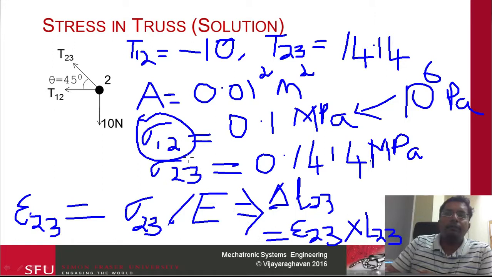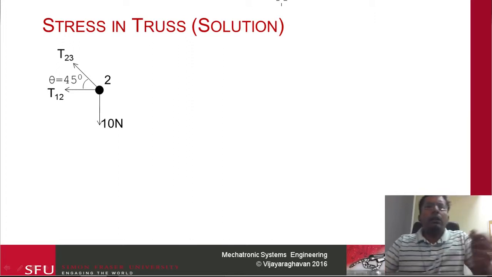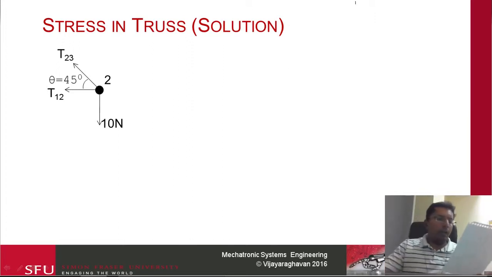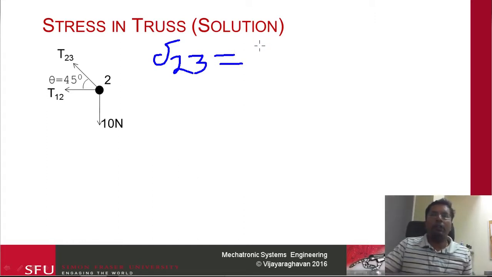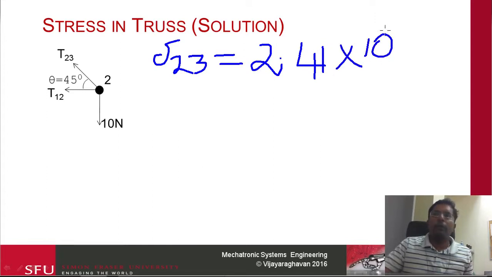The length is going to be the diagonal, which is root 2 times the side. We can substitute these values and calculate the change in length delta 2,3, and we find this to be 2.41 times 10 to the minus 11 meters.